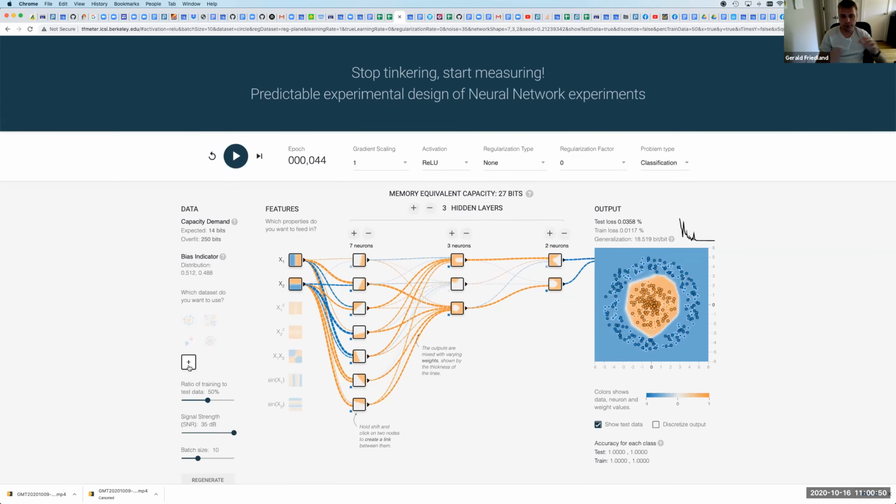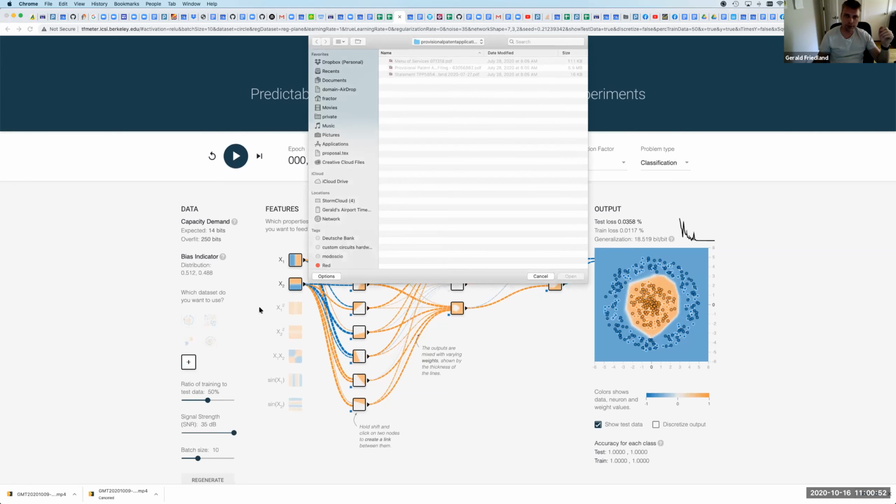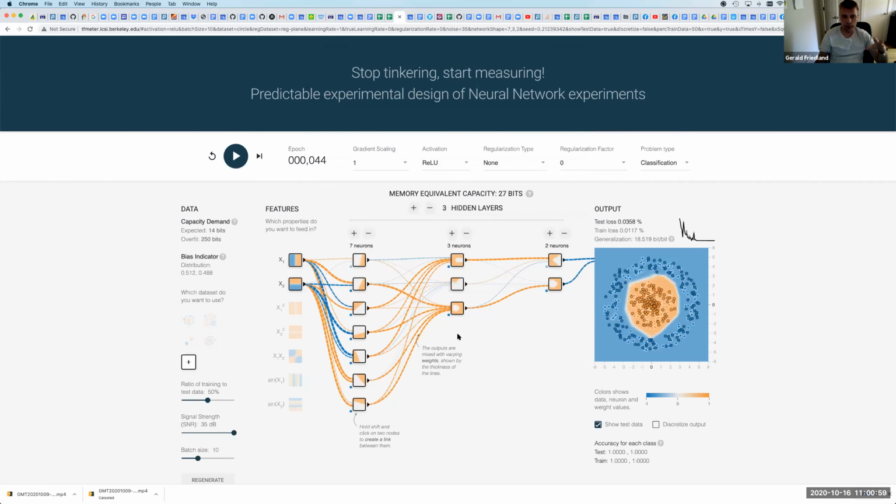Also, my students in my multimedia group have started adding a feature where you can actually put your own data set in, and all you have to do is basically create a comma separated value file that has x1, x2, and a target, which should be binary, and then you can automatically get this expected capacity demand, and you can also automatically play around with it, try to train it, and so on.